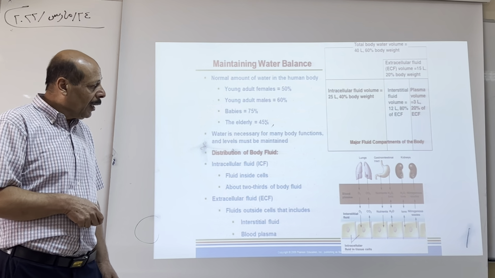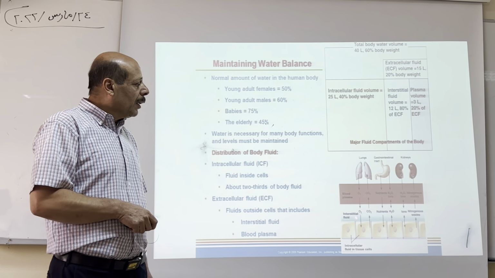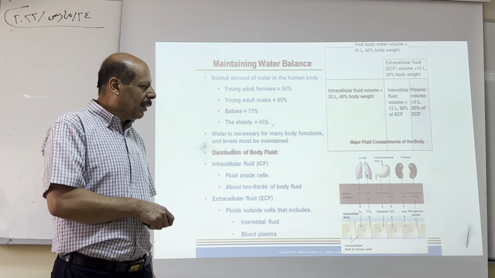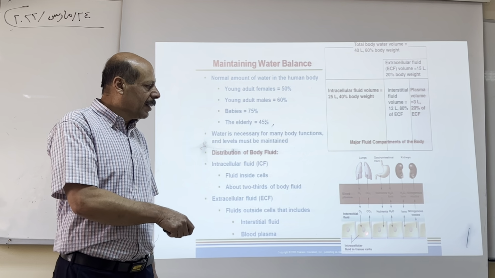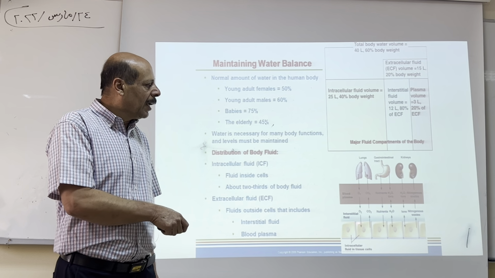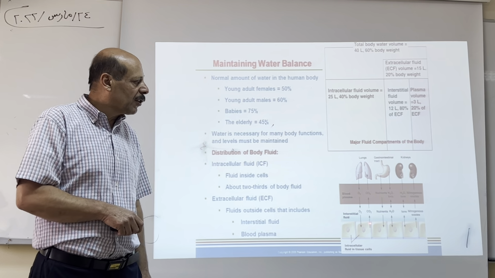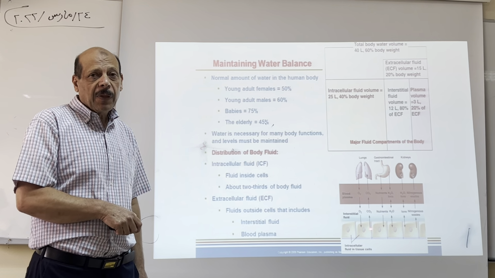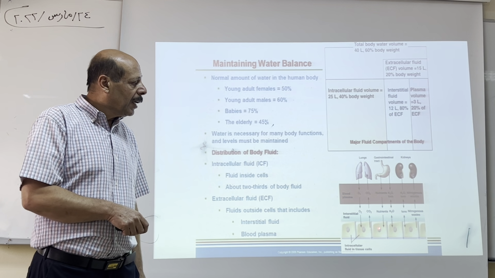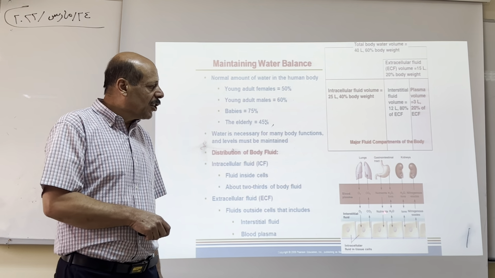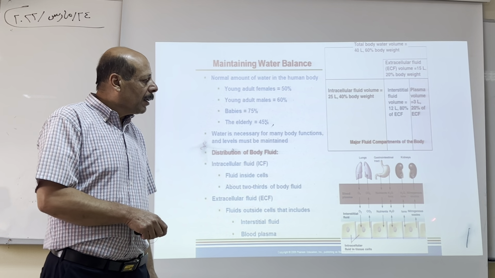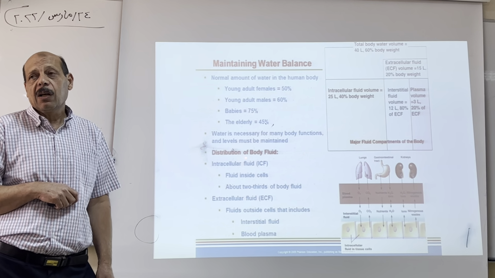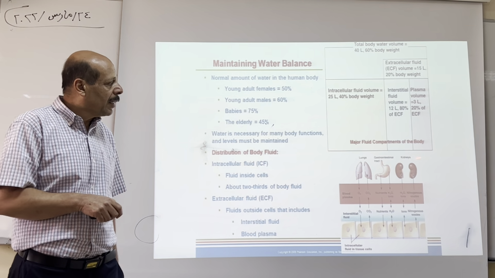Blood and fluid also play a role in the exchange of oxygen and carbon dioxide, in the absorption of nutrients in our body, and also the digestion of fluid and formation of urine and excretion of that urine from the kidney.